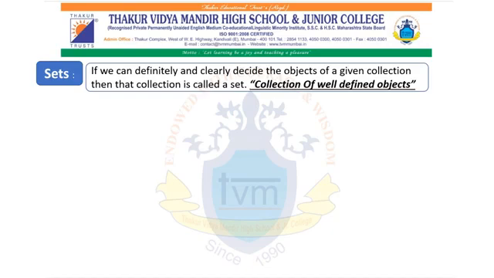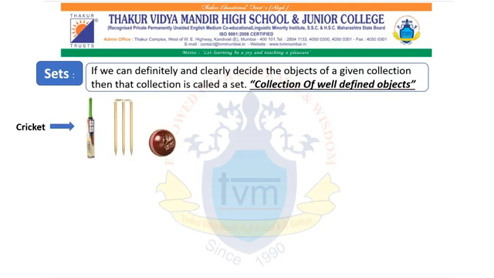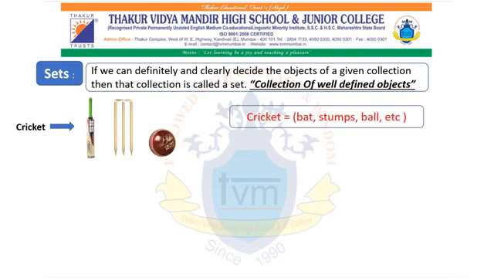Let us take an example. Suppose we want to play cricket. The objects required for playing cricket are bat, stump, ball, etc., which can be written as cricket equals bat, stump, ball, etc. Here the objects we selected, bat, stump, ball, are well-defined objects for playing cricket.